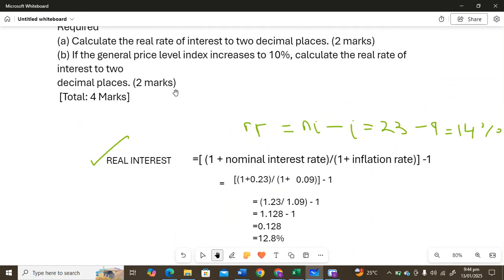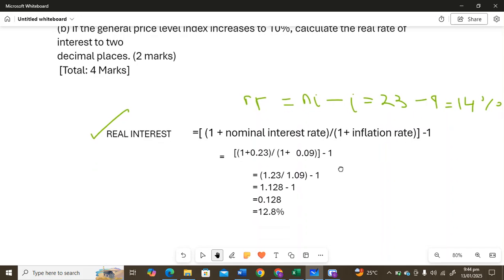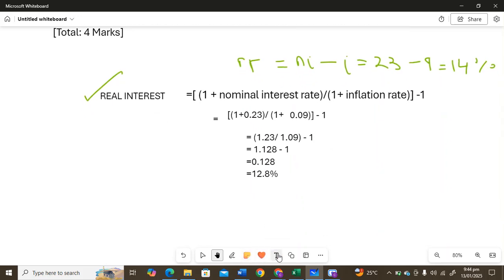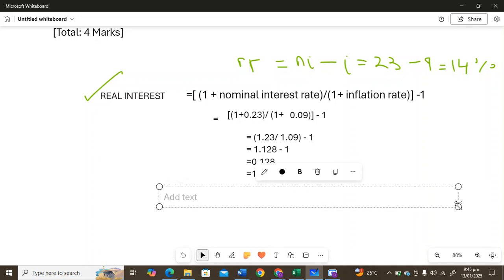All right, part B. If the inflation rate increases to 10%, we still use this same formula. Real interest rate equals 1 plus the nominal rate divided by 1 plus the inflation rate, all of these, then you subtract from 1.